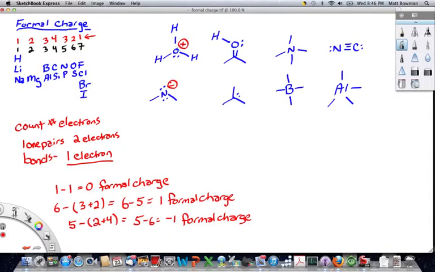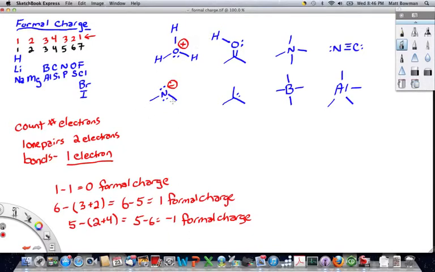Take a look at this oxygen. This oxygen has 3 bonds to it. That's 1 bond more than oxygen normally has. So 3 bonds, when it's only supposed to have 2, positively charged.